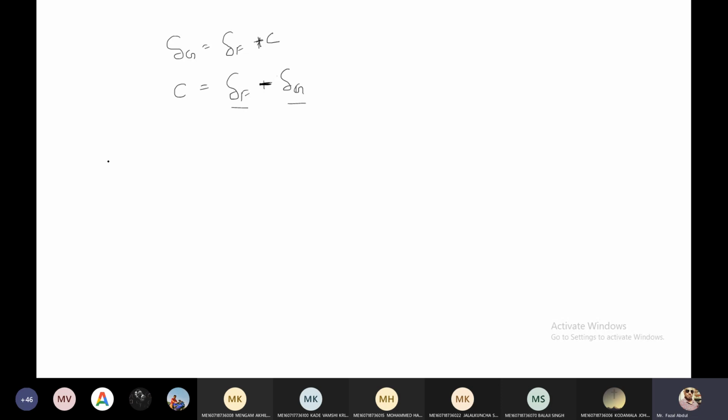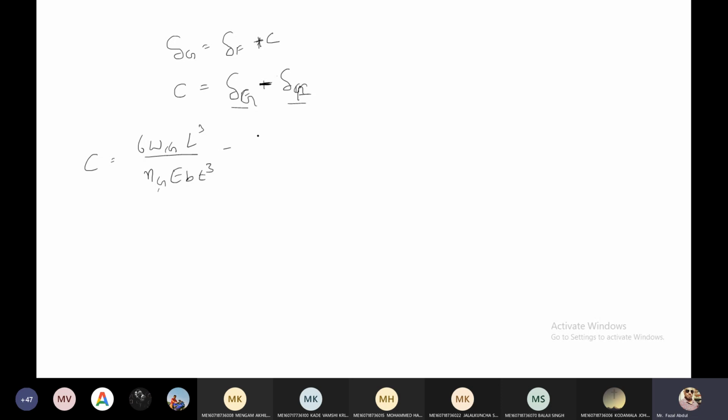So again I am writing here nip equals deflection for the graduated leaf, 6 Wg L cubed by Ng E B T cubed, where Wg is the load applied on the graduated leaf, L is the length, and Ng is the number of graduated leaves.